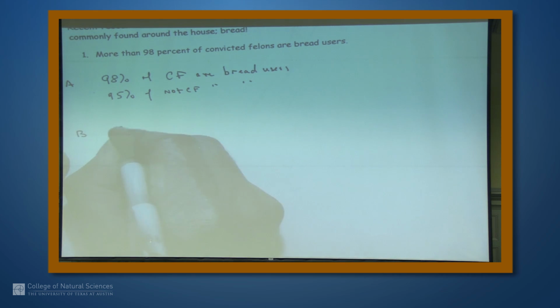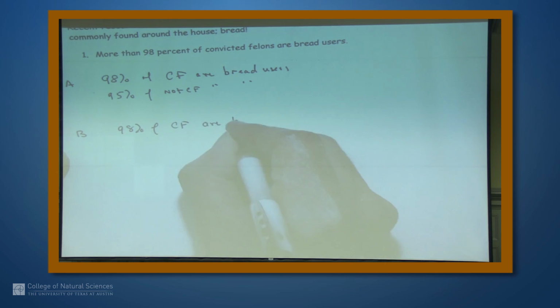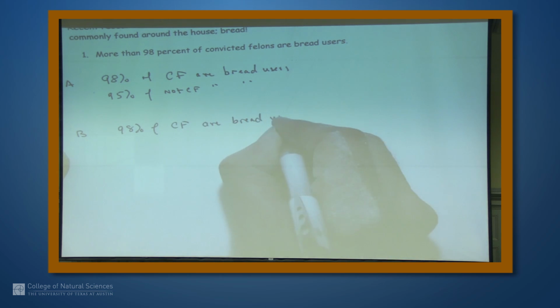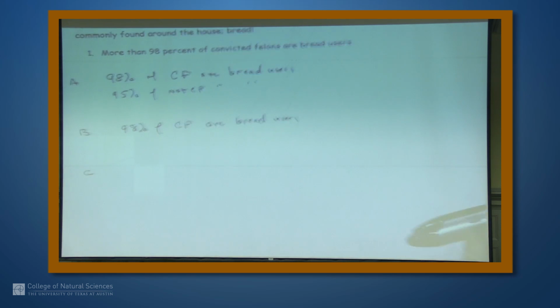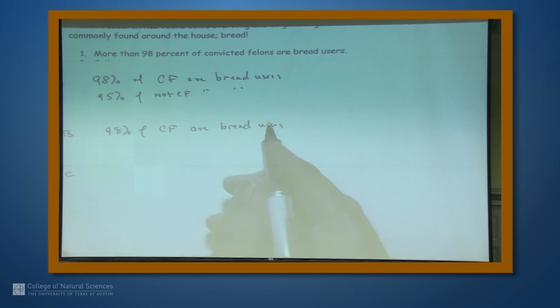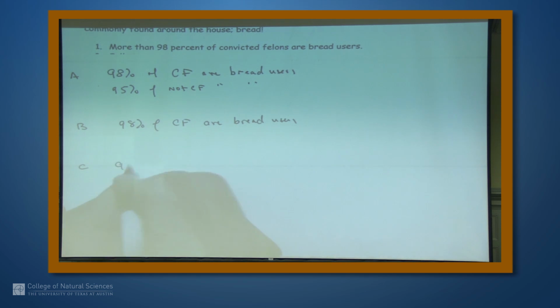B, 98% of convicted felons are bread users. And C, these are not choices, these are three different examples I'm giving you. 98% of convicted felons are bread users, 98% of not convicted felons are bread users.